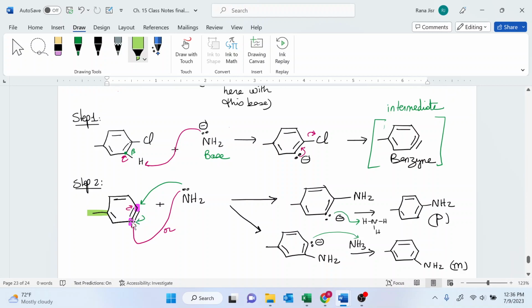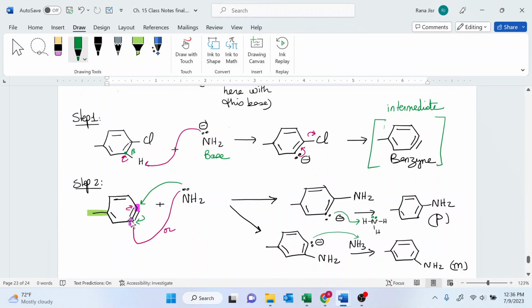So this is why you need to consider both. Let's consider the first one where the NH2 attacks on this carbon, so it will be para to the CH3. You will form a negative charge that gets protonated with any solvent that has a hydrogen, and you're going to end up getting your product.